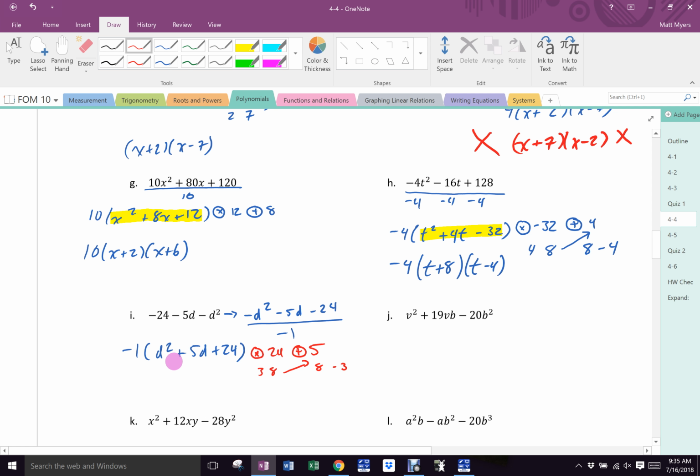Is there any way to make that guy positive if one of these is negative? No. So does it work? No. So this is the only factoring we can do. Even though this looks like it factors, it looks good, but it's not. So the only thing we can do is take out a negative. Is everybody good?